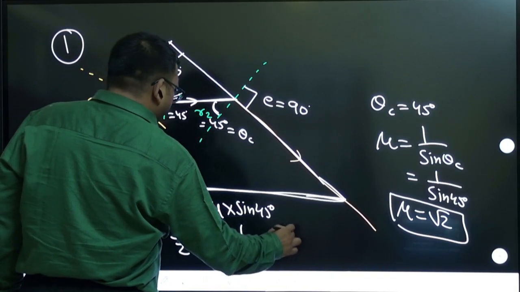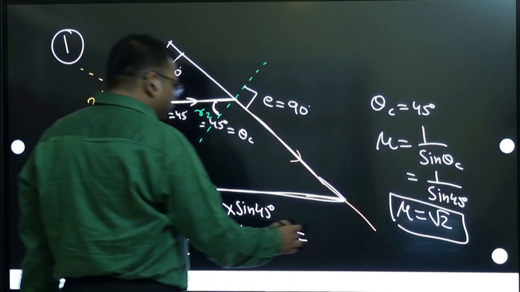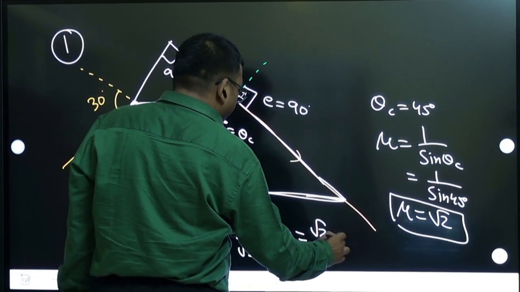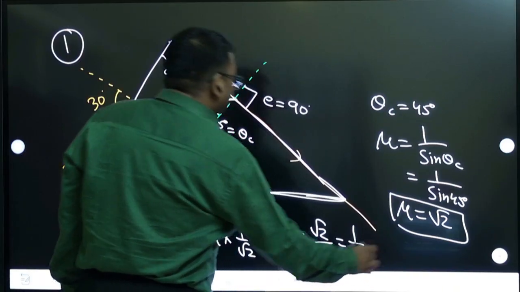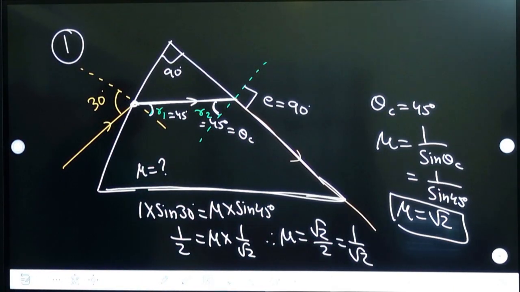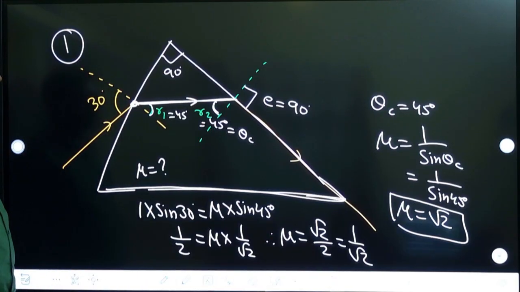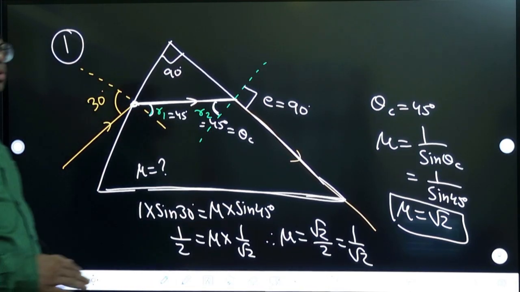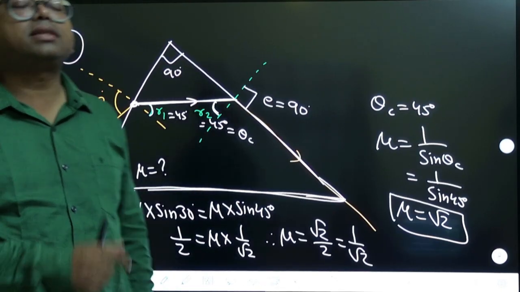So from here mu is coming as root 2 by 2. No, no, 1 by root 2 it is coming. See, the mu value is coming as 1 by root 2. A different answer. This question has a glitch.